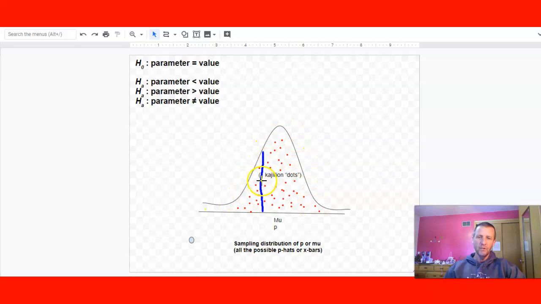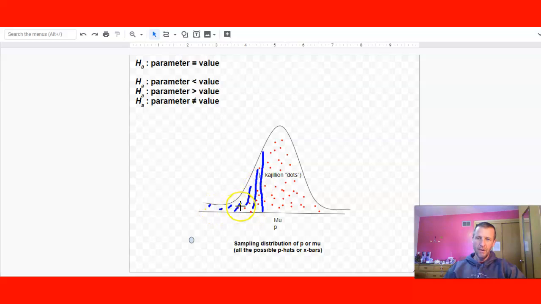If this is really normal, what we can do then is we can use our norm CDF and say, hey, what's the chance, if this is the world that we believe from the null hypothesis, that I would pull one sample and I would be there or lower? This probability is called the p-value. The probability that I pulled one single sample that's that extreme out of this world, that's the p-value.